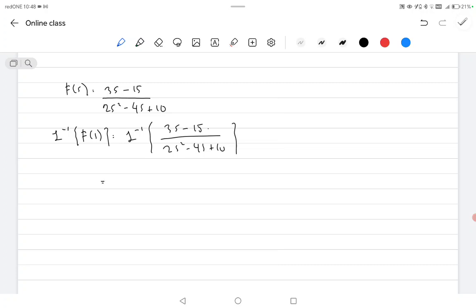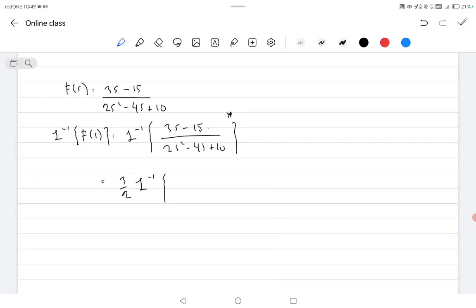We can make it easier by simplifying this form. So we have 3 over 2 times the inverse Laplace of s minus 5 over s squared minus 2s plus 5.